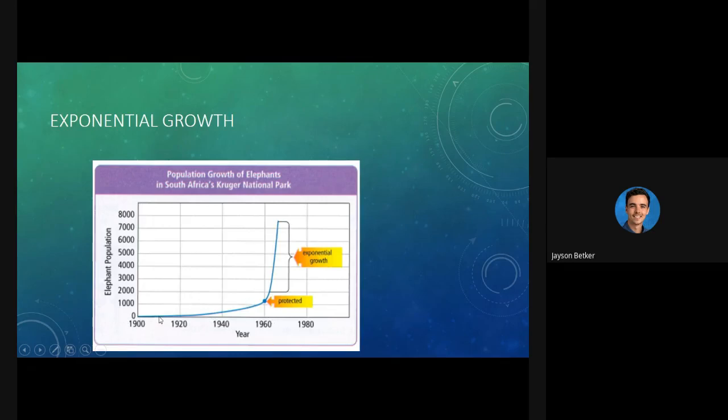What we see here is that the elephant population was increasing at a pretty slow rate until 1960, at which point it took off when the elephant population became protected inside of this national park, so they didn't have poachers and others paring off the population at an unnatural rate. And then we experienced exponential growth inside of that population. So that's where that J shape comes from.